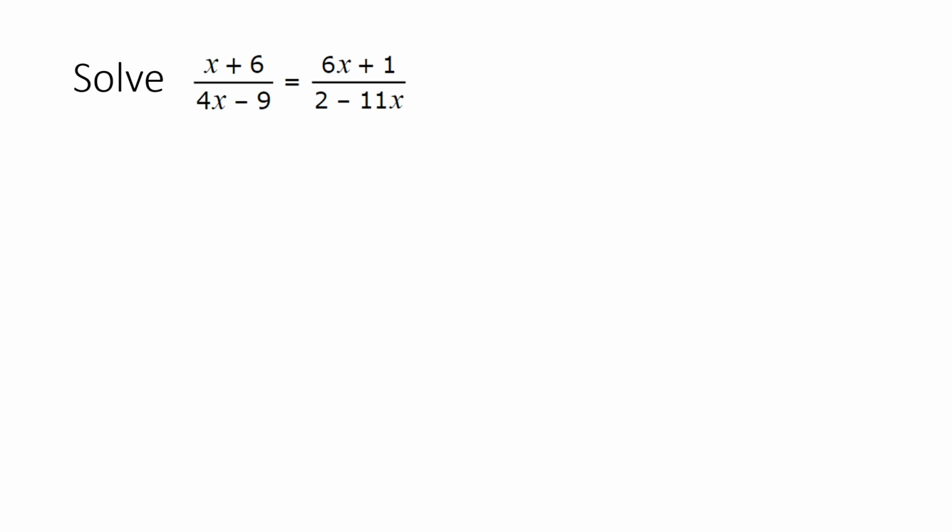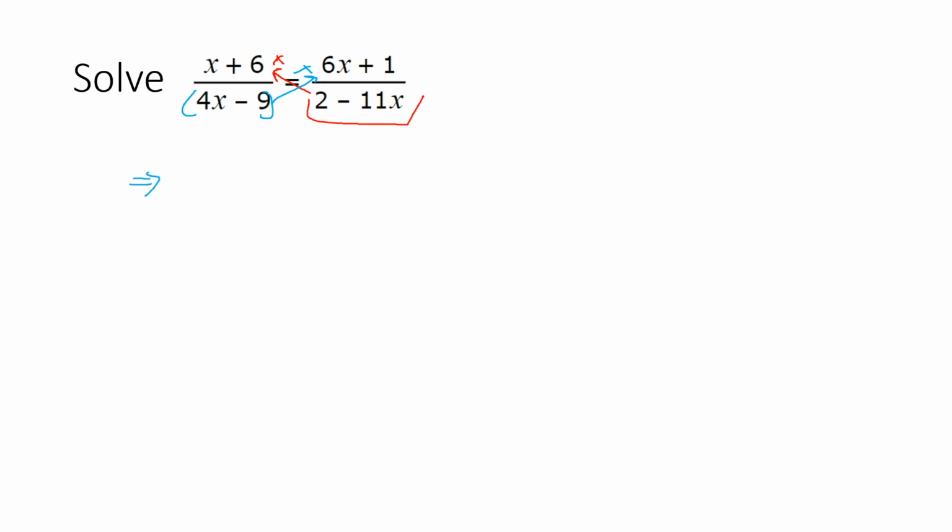The way we do that is by cross multiplying. So this 2 - 11x is going to go to the other side. We're going to times it. And this 4x - 9 is also going to go on the other side by being multiplied.